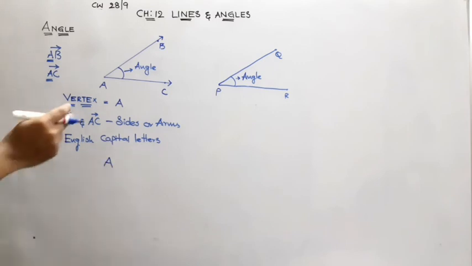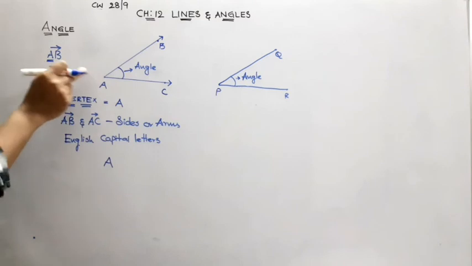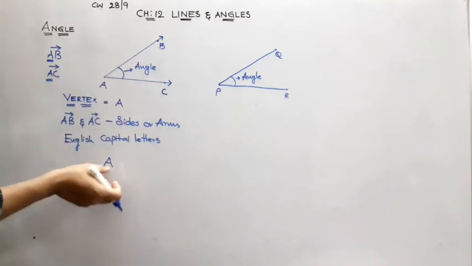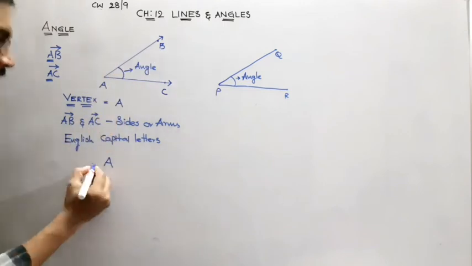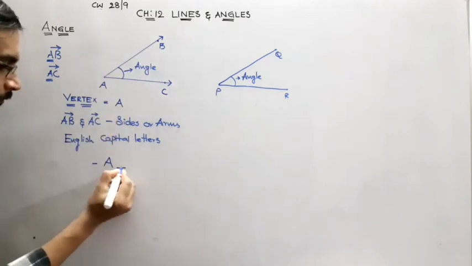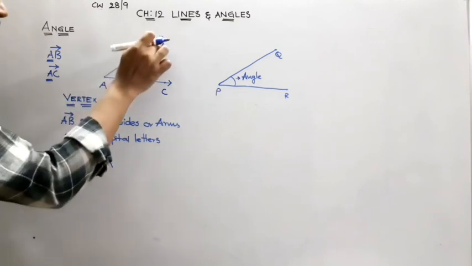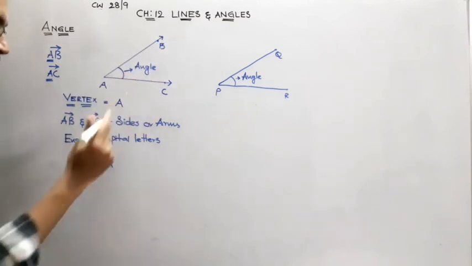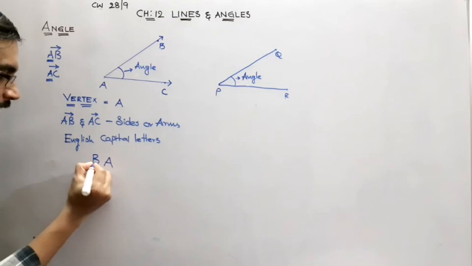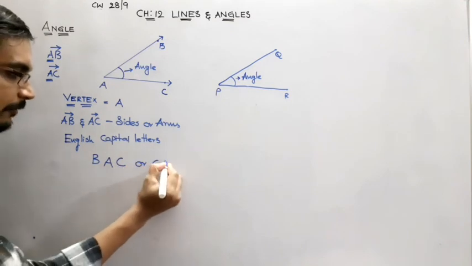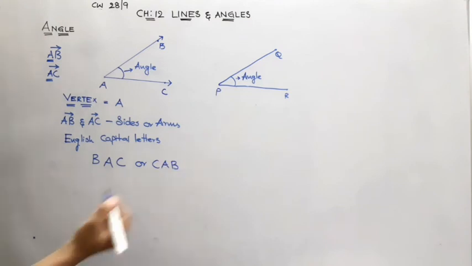The vertex or the initial point of both the rays should come in the middle. Now, the places left over are this side and this side. Then we write BAC or CAB. Both are correct.